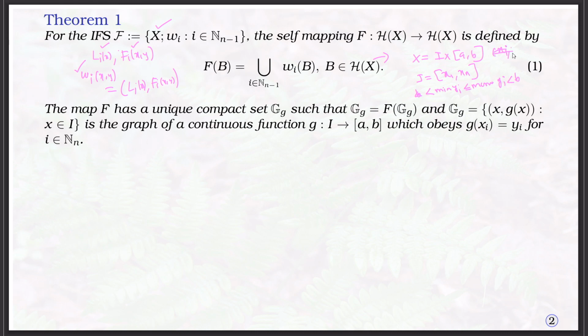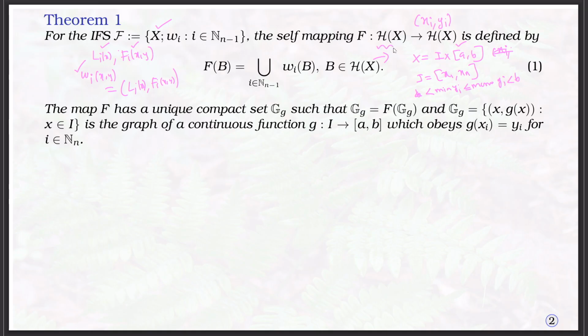That means for the given data set xi and yi, we can form the interval I and the interval a, b, and take the Cartesian product. Both are compact sets, in particular complete spaces, therefore X becomes a complete space.